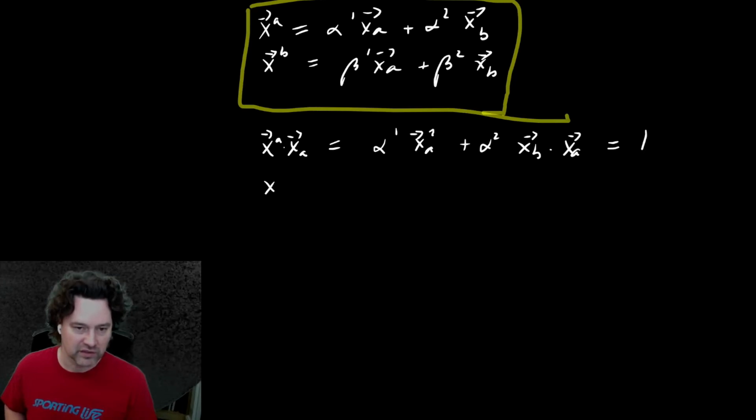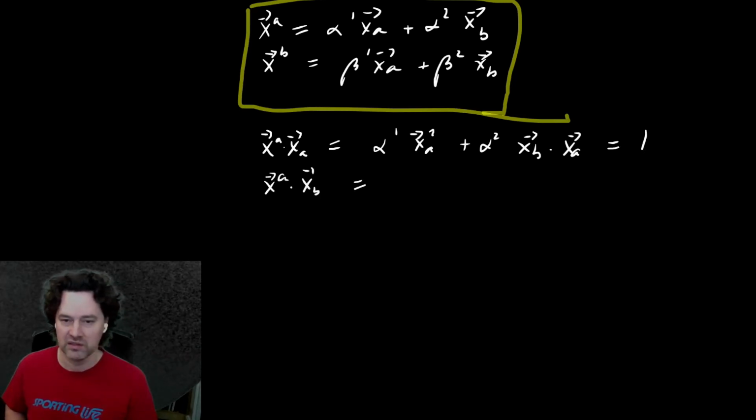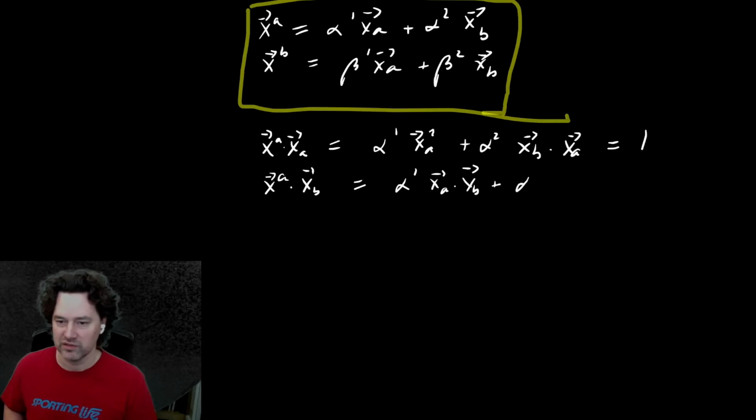Now we have x^a dotted with x_b: alpha_1 x_a dotted with x_b plus alpha_2 x_b squared equals 0.